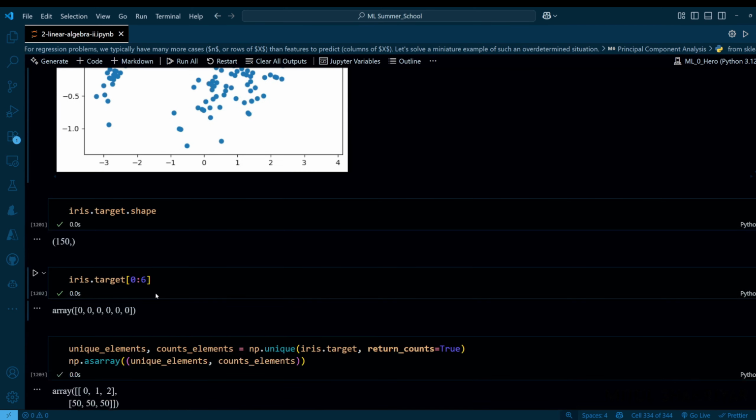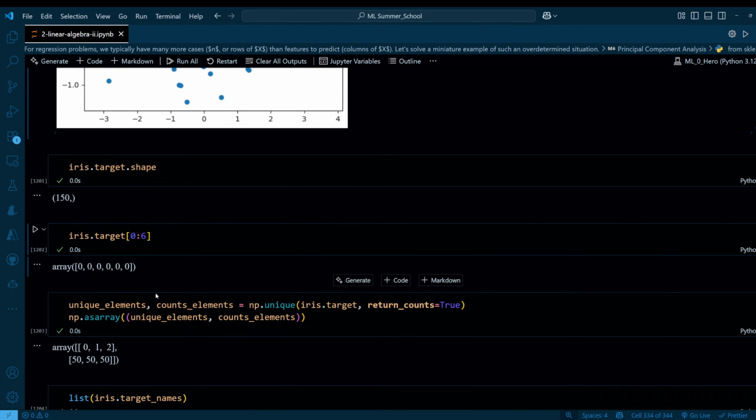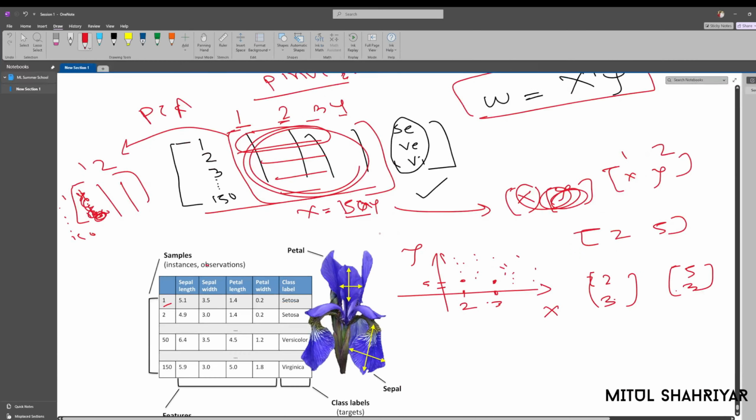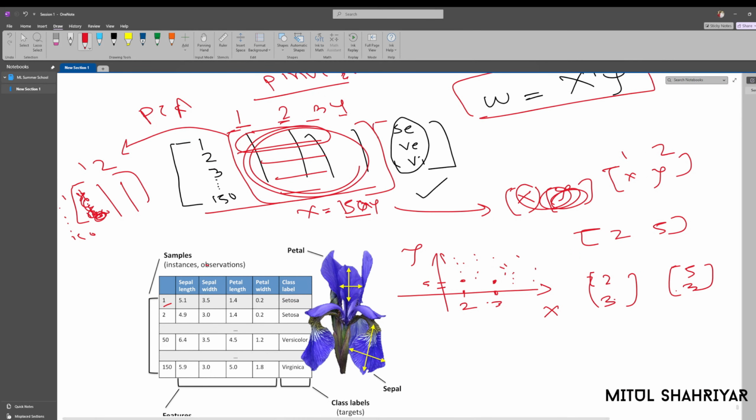Interestingly, there is another point, that is target, iris.target. That is not mentioned here. If you don't know, the target is this one. As mentioned earlier, we have assigned a label for this particular class, setosa.